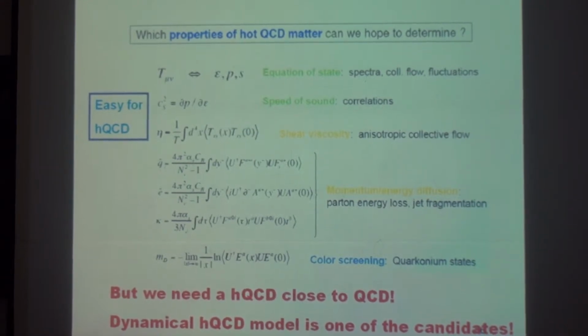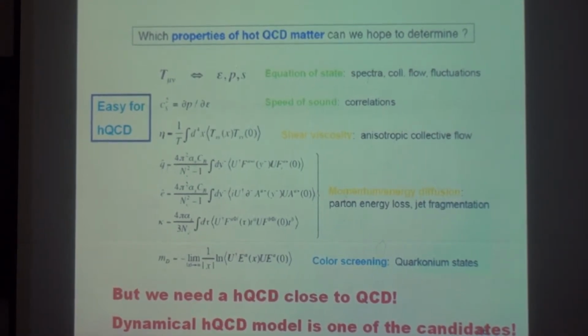The tools are very easy to handle for such things, right? But we need a realistic holographic QCD model which is really close to QCD. I think our model is one of the candidates.